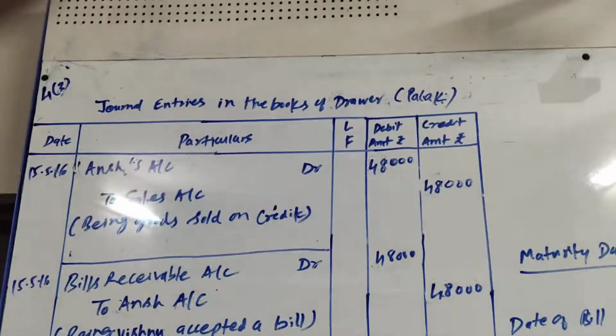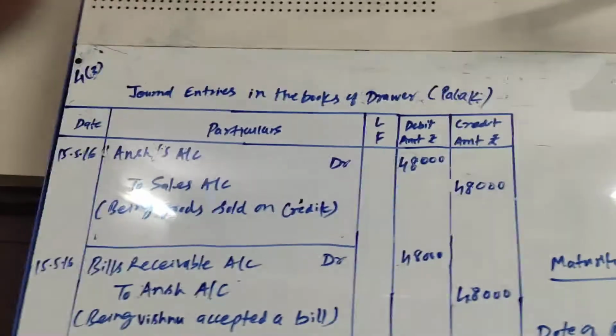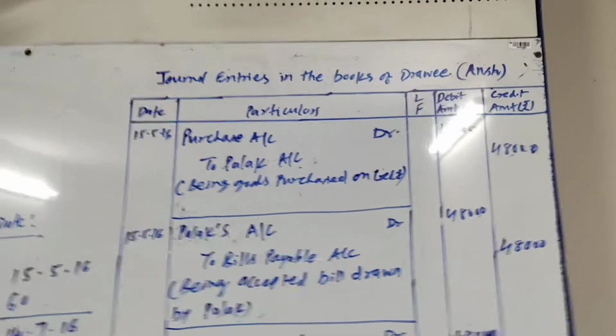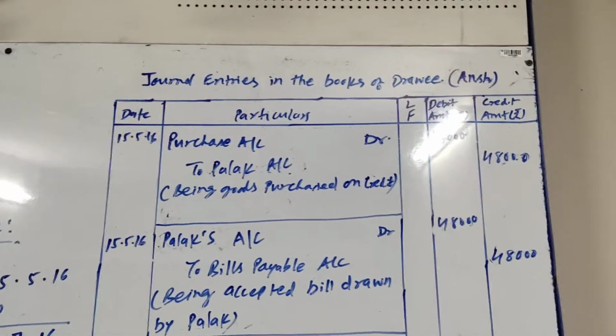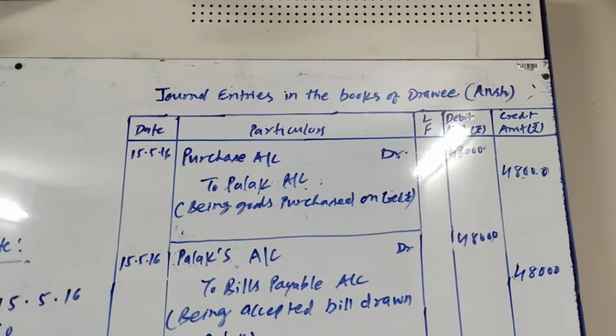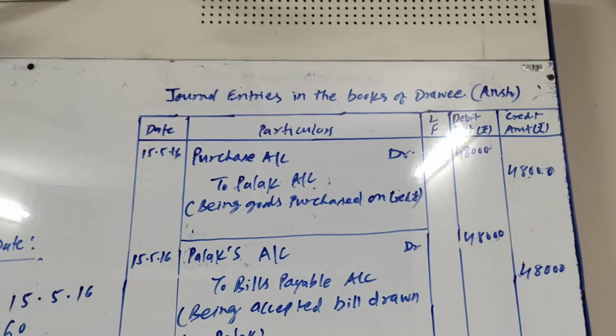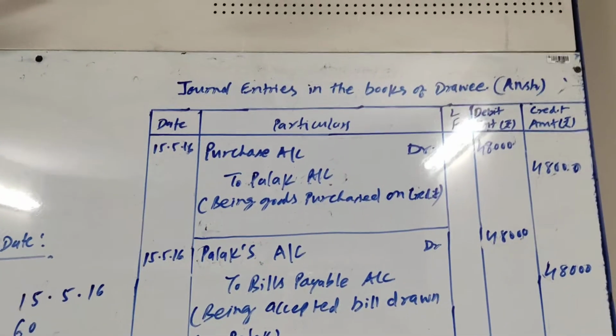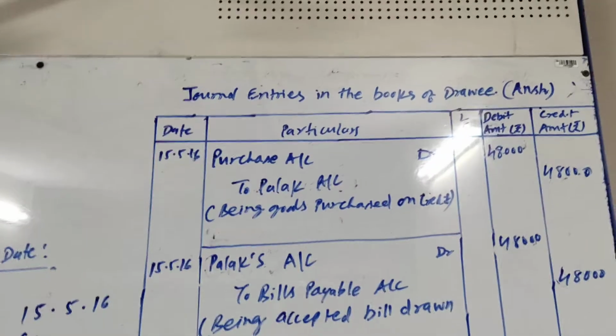Okay, and in the books of Ansh, the entry will be purchase account debit to Palak account 48,000.